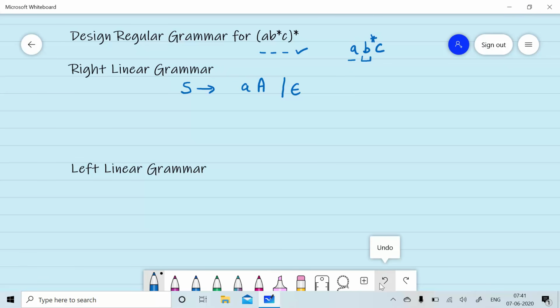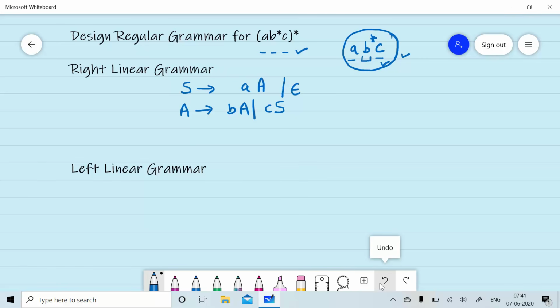Then we need to process a number of b, and it can be generated using A → bA, which is terminated by c, but it will only generate a single occurrence of ab*c. We want to repeat it one or more times, so we will write down cS.